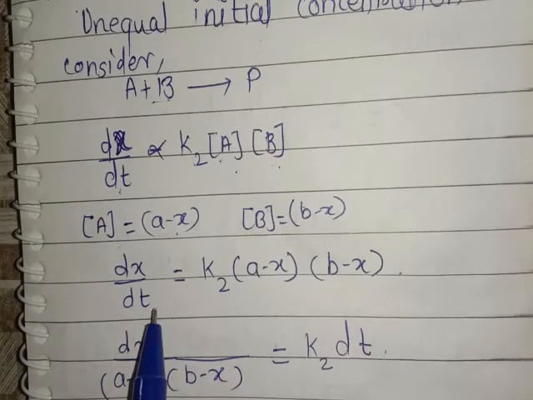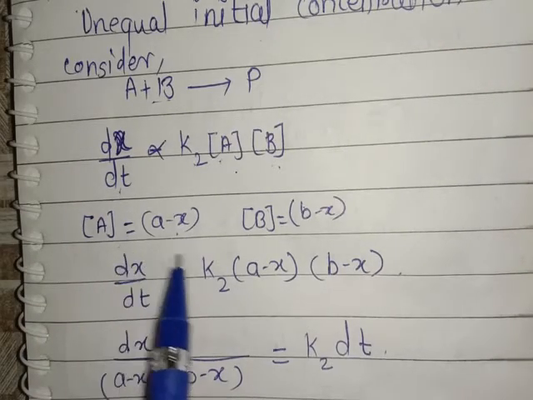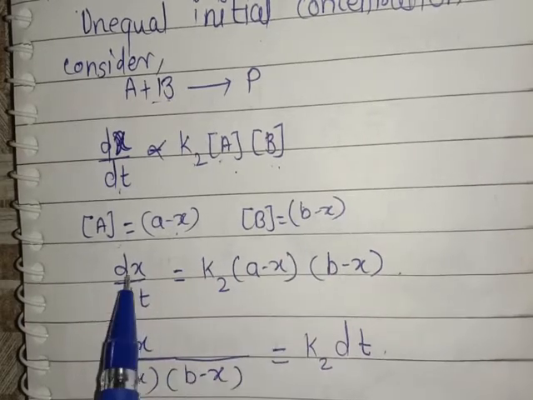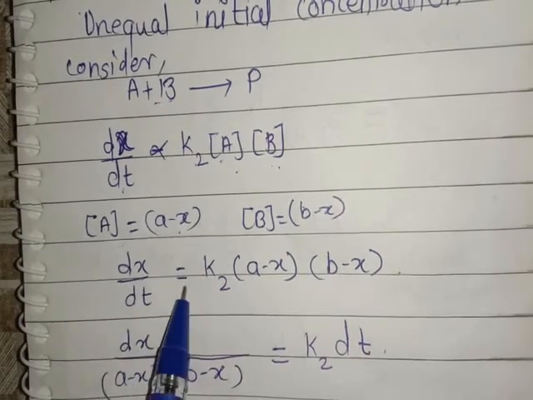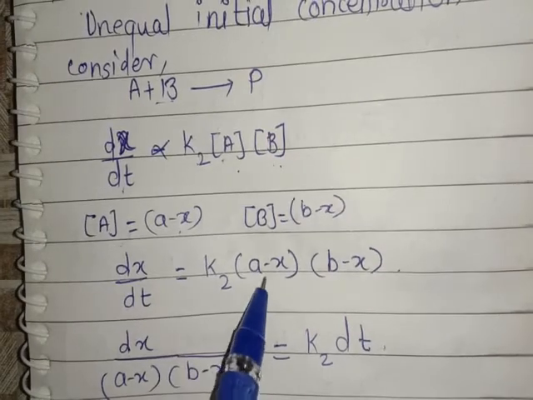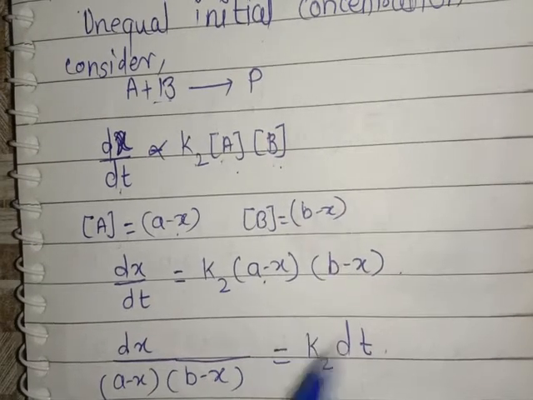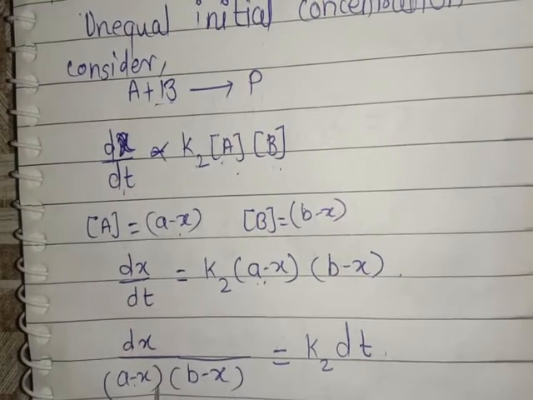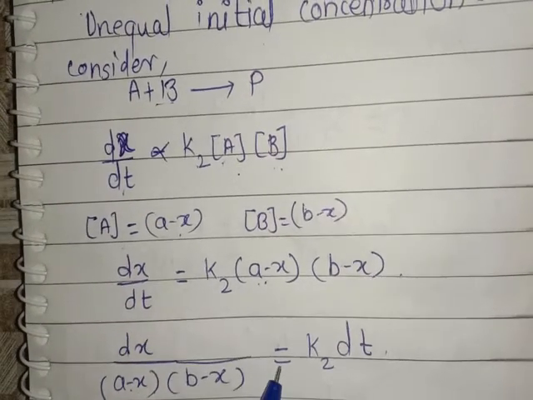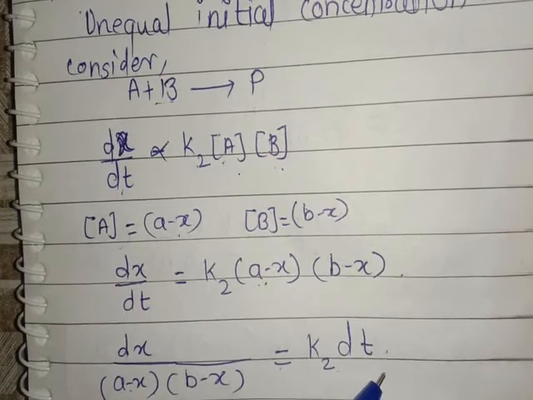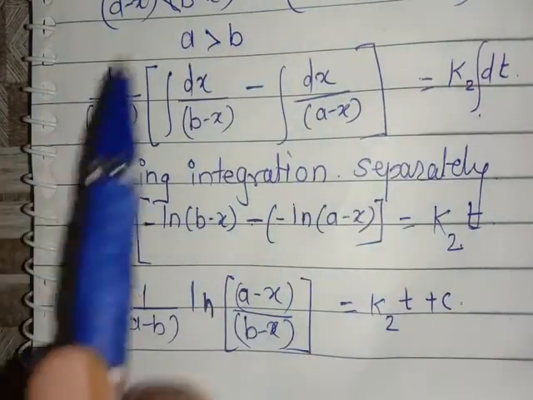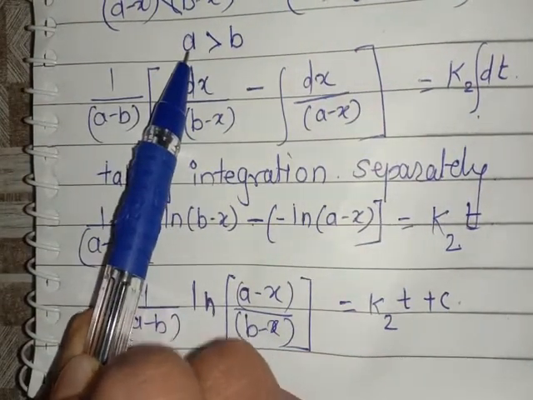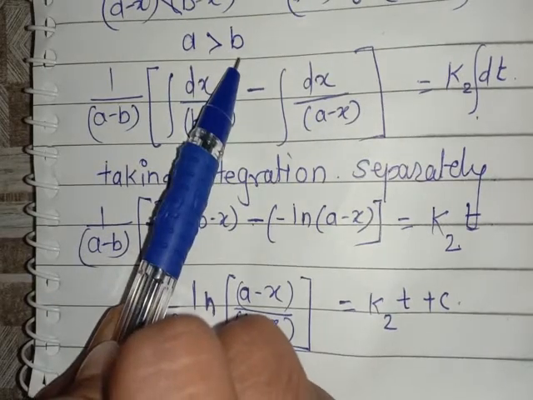And rearranging this equation for a minus x and b minus x, we can write dx upon dt is equal to k2 into a minus x into b minus x. Now rearrange this equation as dx upon a minus x into b minus x is equal to k2 into dt. Condition a is greater than b, that means concentration of a is greater than concentration of b.